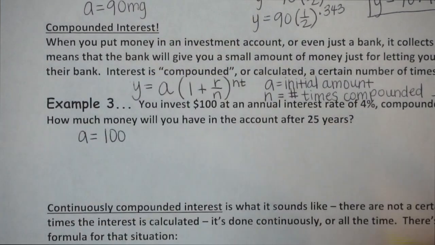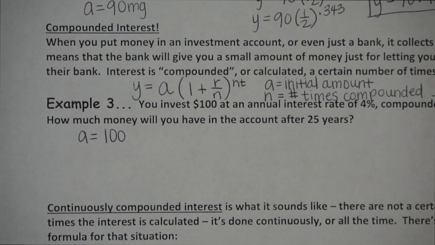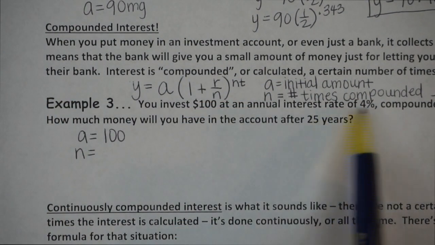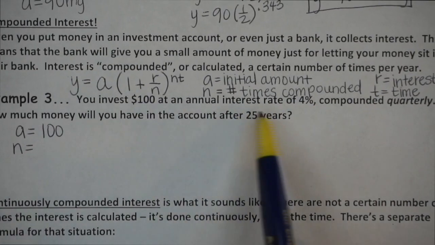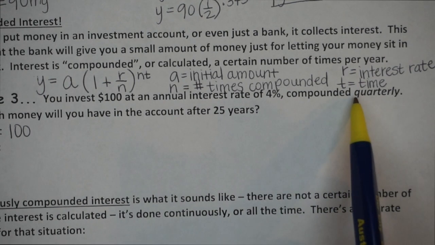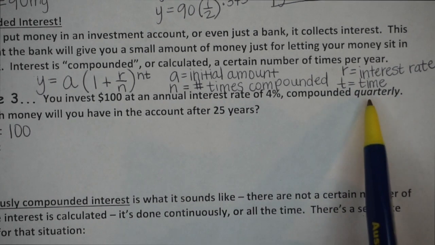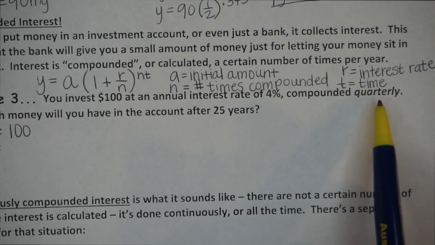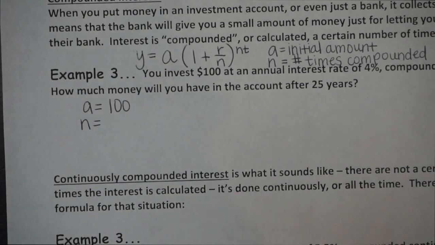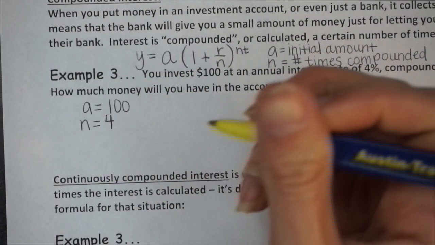That's what we're going to put into the bank. Now, the number of times it is compounded comes from them telling us that it's compounded quarterly. Quarterly means that it basically happens 4 times a year, each quarter of the year. So our N is going to be 4.